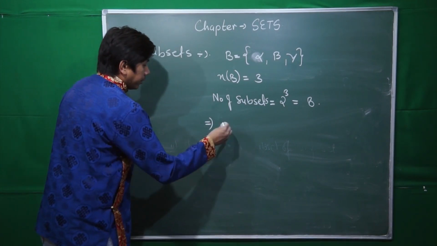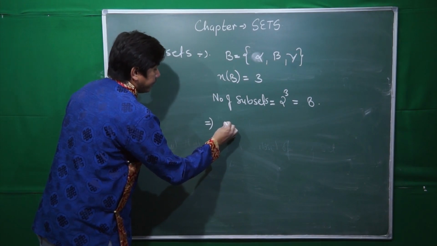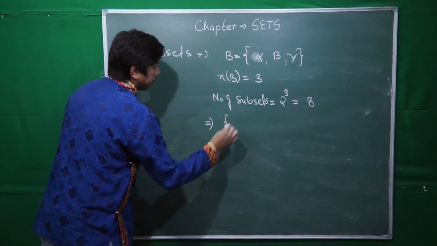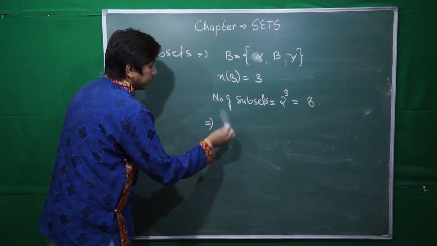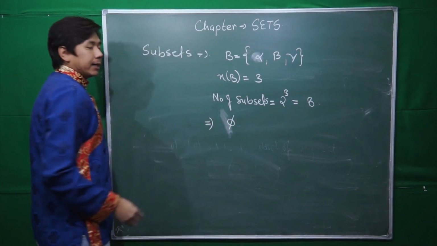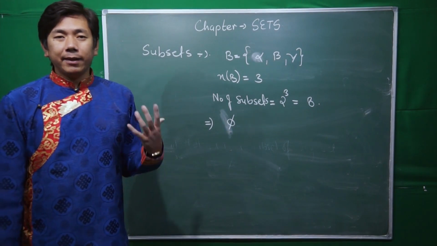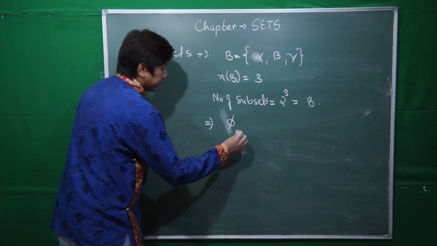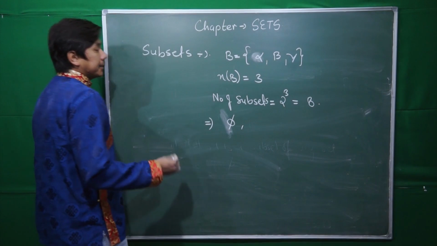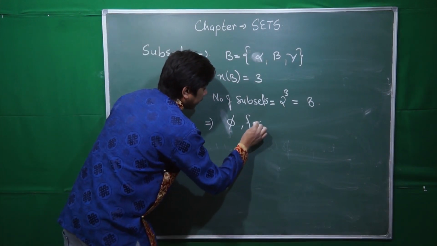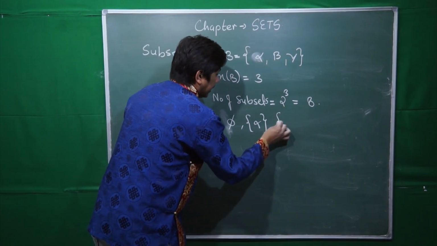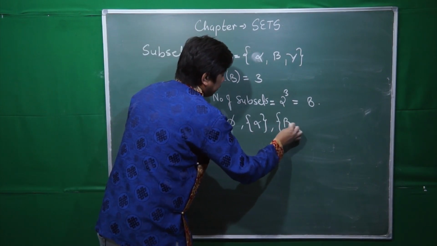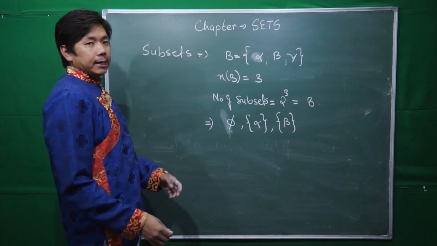Okay. So simply to put forward, let's find the subsets. First, let's put forward the first rule that a null set is a subset of any set. All right. So let's say the first subset is the null set. Second subset would be alpha, a singleton set. Third subset would be beta, another singleton set.